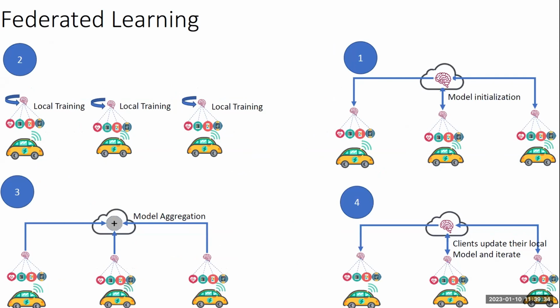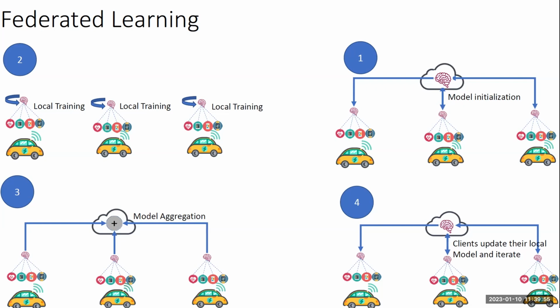Federated learning works in rounds. In the federated learning version that was initially proposed, you have a central server that is responsible for aggregating model updates coming from various clients.